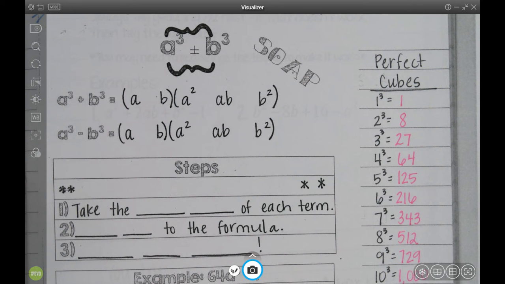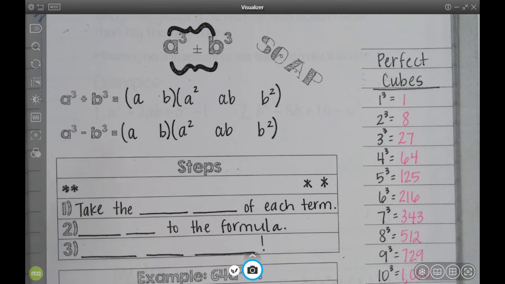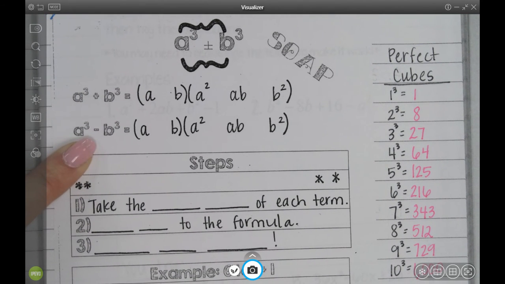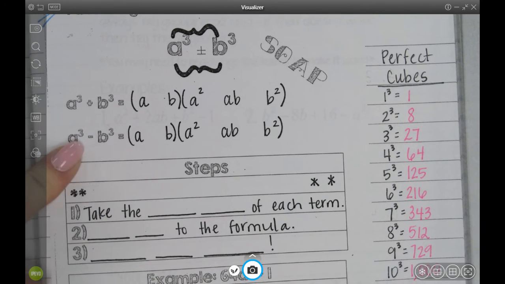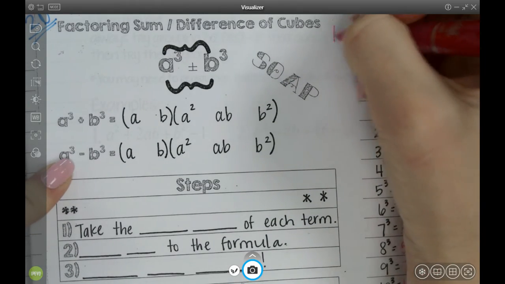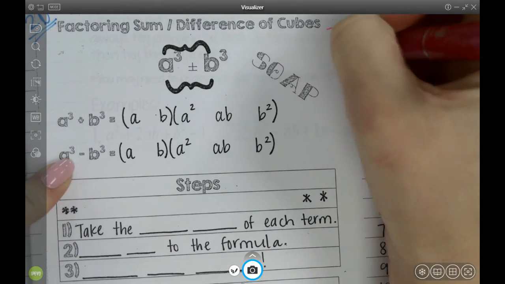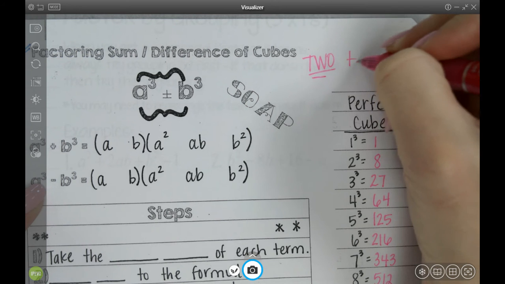Okay, so this is for when you have perfect cubes, and it's the sum or the difference of perfect cubes, right? So again, these two formulas are used when you have two terms.